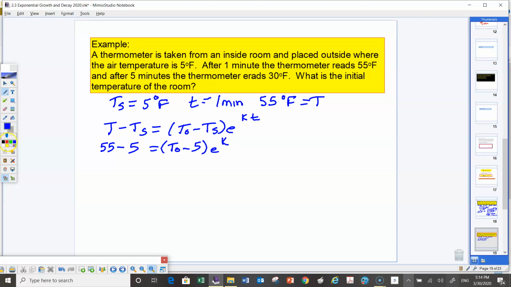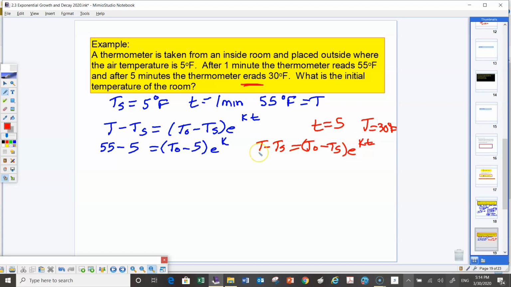Okay, I could also use the other information that says after 5 minutes, the temperature reads 30 degrees. So when t is equal to 5, the temperature is 30 degrees Fahrenheit. So therefore, using the same formula, which is T minus Ts is equal to To minus Ts e to the kt.